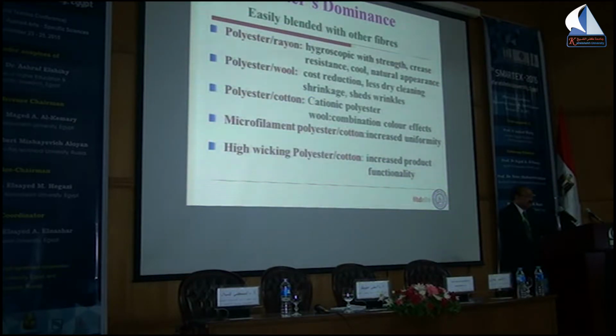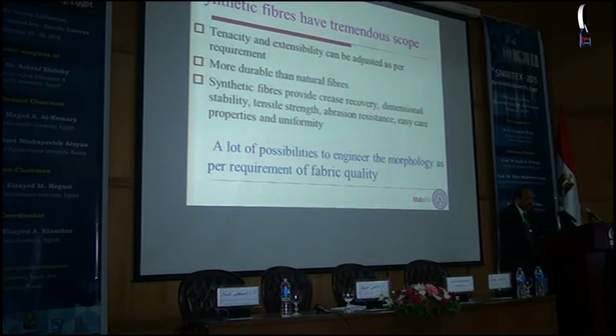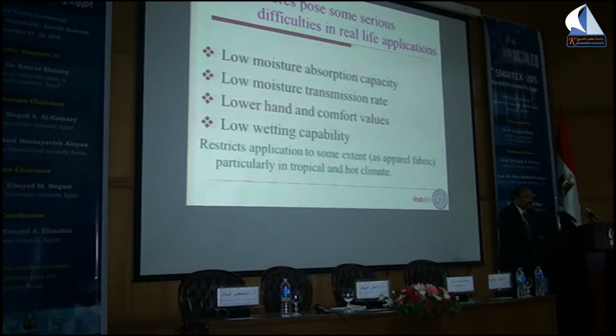However, although polyester is dominant and can be blended with many other fibers, its main drawbacks are moisture absorbency, low moisture transmission capability, lower hand and comfort values, and low wicking capability. So a thought process has been introduced on how to enhance these parameters so that a high quality polyester based fabric can be produced.